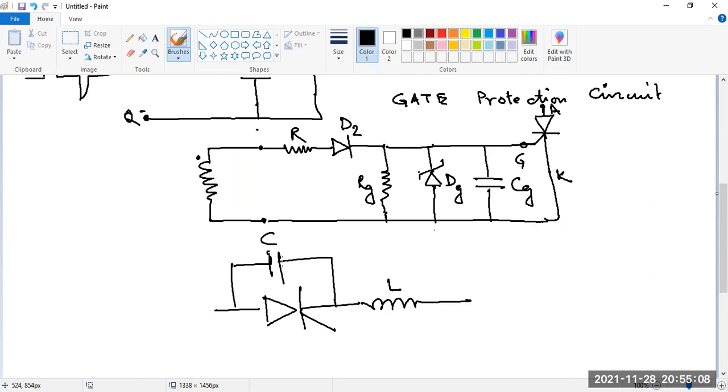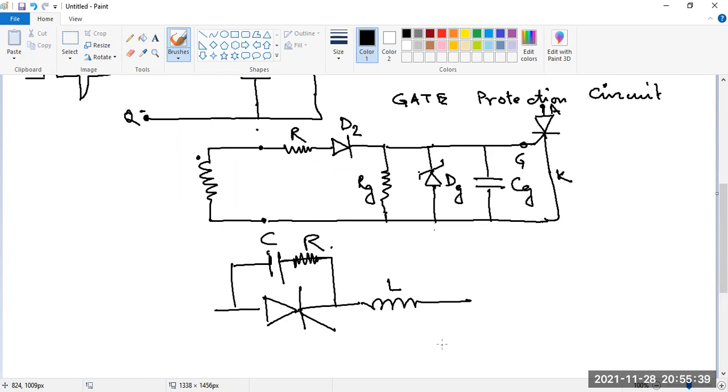To damp this out, we generally use another resistance, which acts as a damping resistance. So this is called the Snubber circuit. A separate design is required for the Snubber circuit depending on the particular device. The Snubber circuit is designed based on the di/dt and dv/dt rating of the device. I'm not going into the details of that.